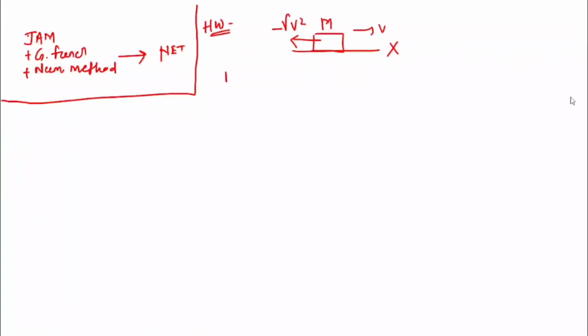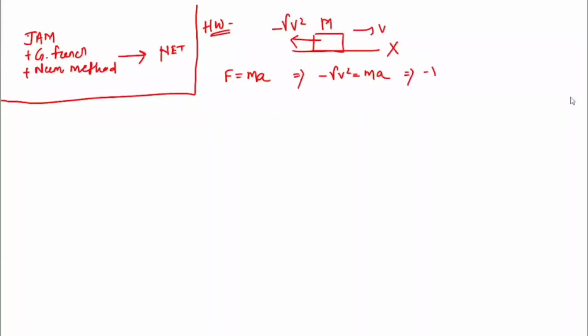We know from Newton's laws of motion that F is equal to ma, and here F is only minus gamma v square. So by putting minus gamma v square, this becomes ma. Here this term is in velocity, so we have to write the RHS in terms of velocity as well.